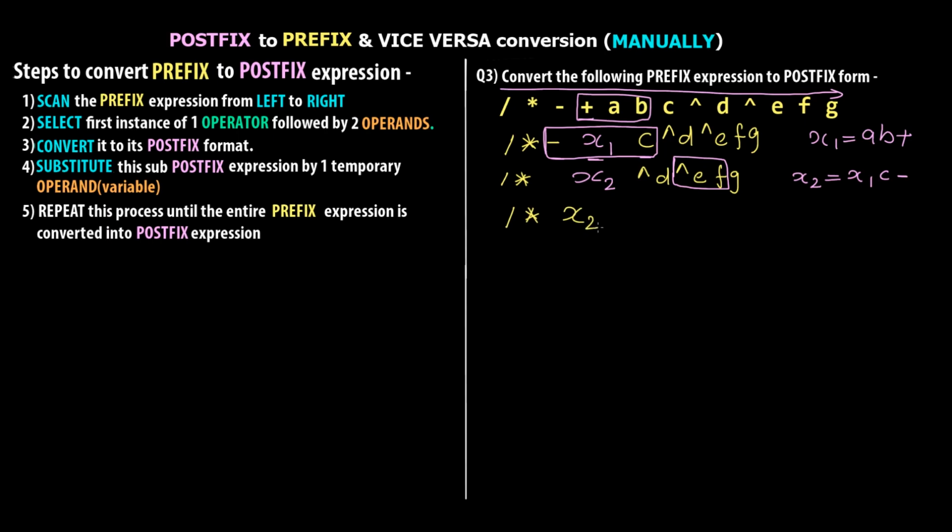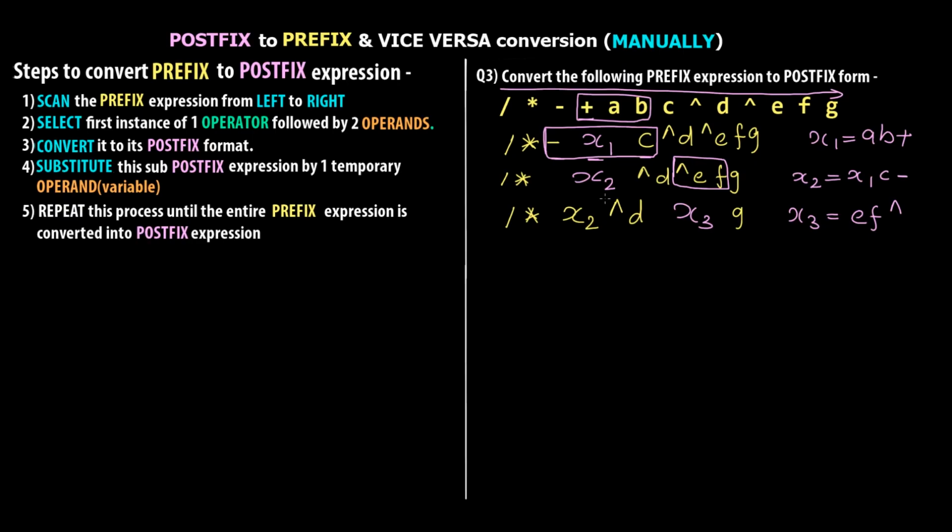Let's write x2 in yellow only because we are not using it over here. We'll say raised to d, and now raised to ef has to be converted to ef raised to in postfix version, and then we'll write g as it is. So now we'll say x3 is equal to ef raised to. So just substitute x3 over here itself.